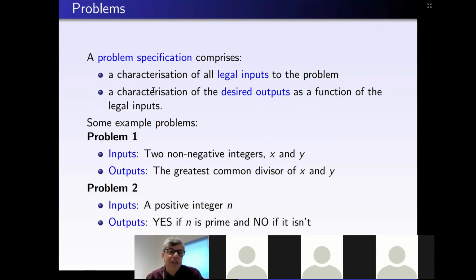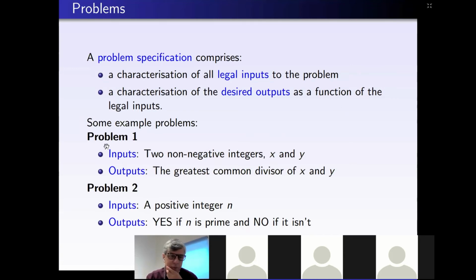So the problem we are facing is: what could be those functions to generate those desired outputs from this legal input? Even in real life, you can reflect it. You are facing a specific decision-making problem: what study do you want to do, what job do you want to take? So what are the inputs? What is important for you? And what is the desired output?